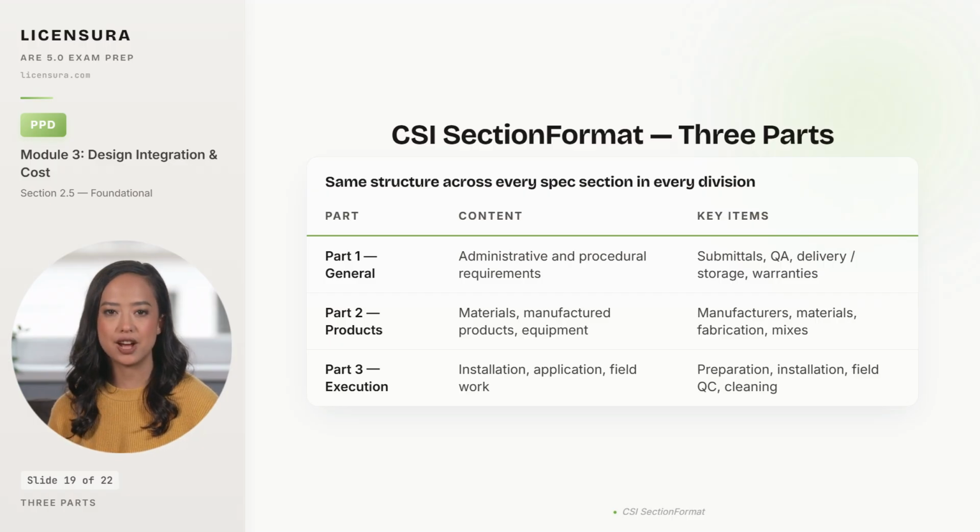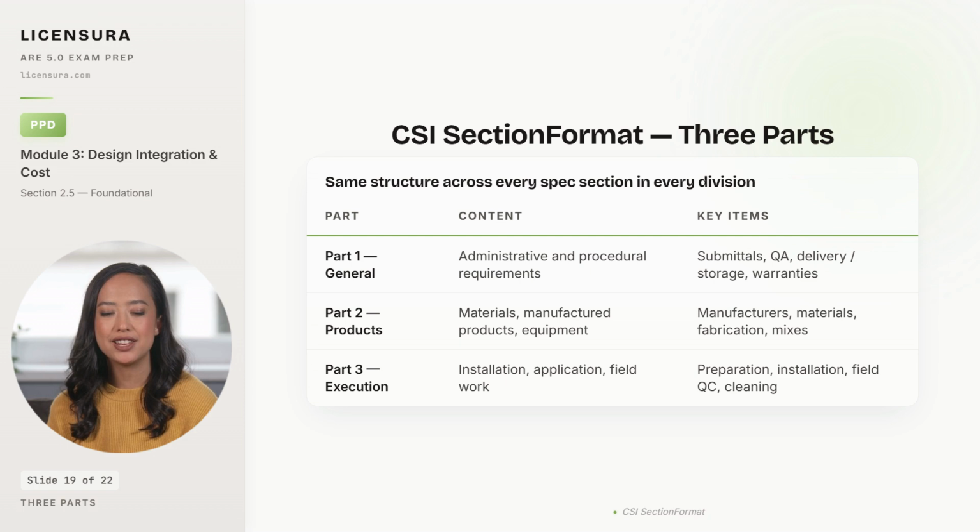Part 2 Products covers the materials, manufactured products, and equipment that will physically be installed. The list of acceptable manufacturers, the material specifications, any fabrication requirements like welding or galvanizing, and any field-prepared mixes like grout or concrete. If the contractor wants to know what to buy and from whom, they look in Part 2.